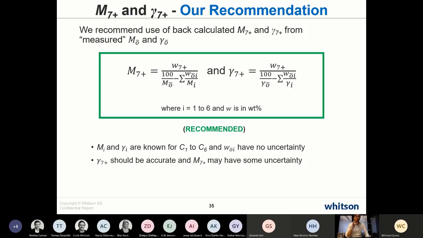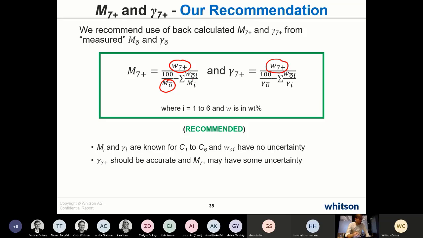What is important to emphasize is that these equations, compared to the ones that we just looked at, are only using measured values. So the weight percentage here is measured. The measured total molecular weight is measured. These terms right here are the molecular weights for the known hydrocarbons, everything from C1 to C6 and CO2, H2S, and nitrogen.